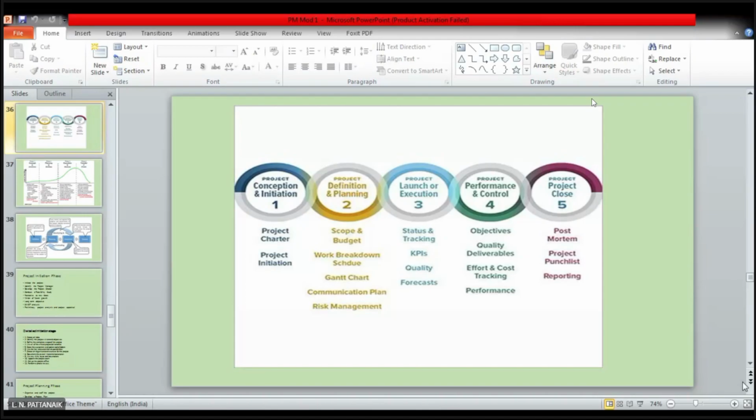At the same time, control is also the function where you are monitoring and maybe expediting the activities. Expediting the activities means, because of any reason, suppose some particular activity is getting delayed. There are n number of reasons.